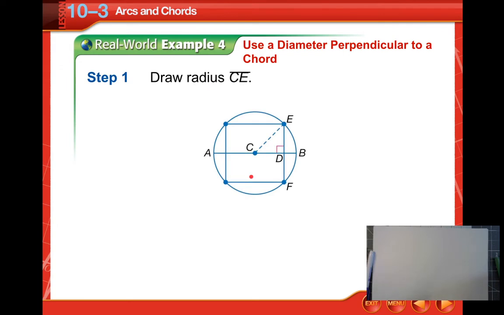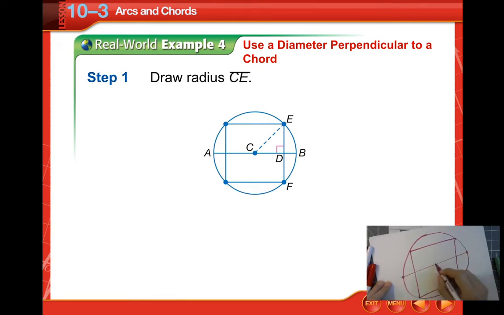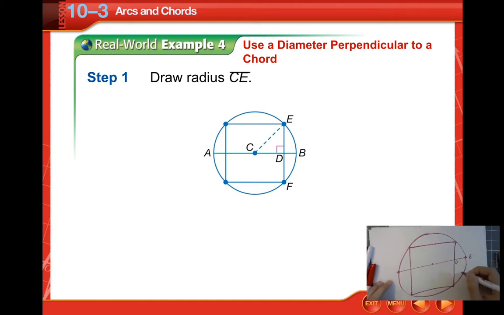So let's redraw it. We have a circle, and a square inside the circle. We have A over here, all the way cutting through B. There's your center. Here's your B, D, F, E, C, A.